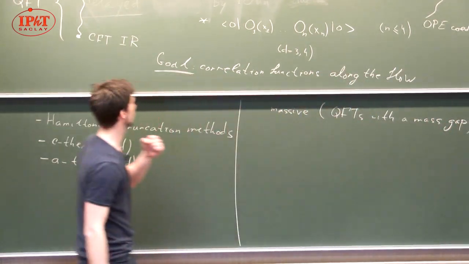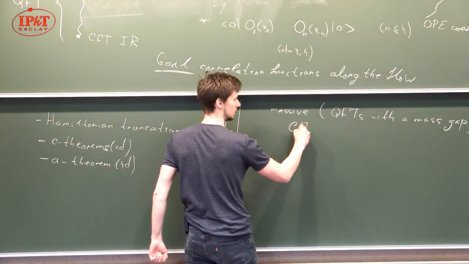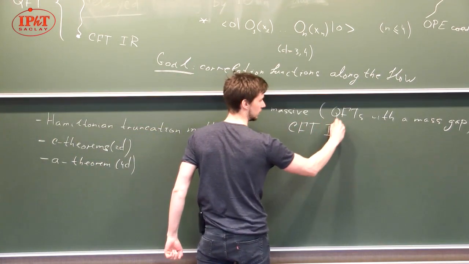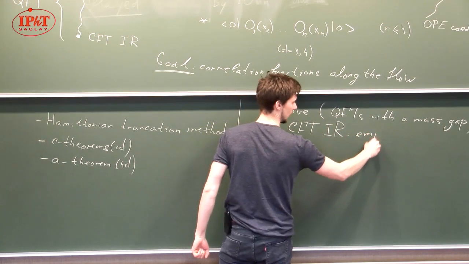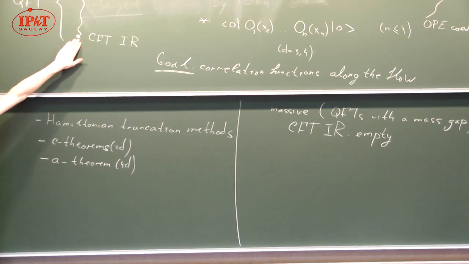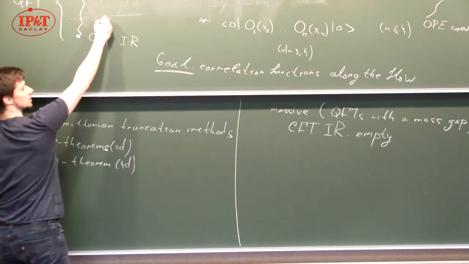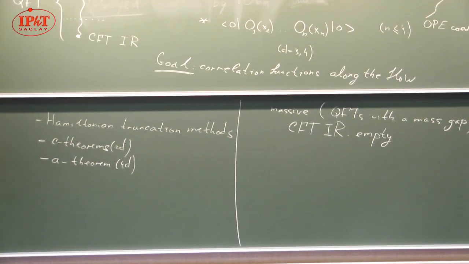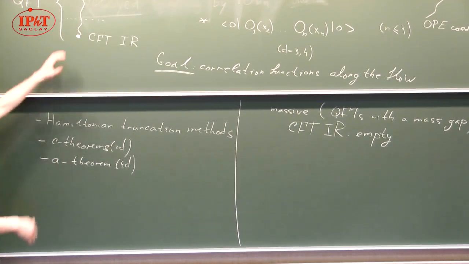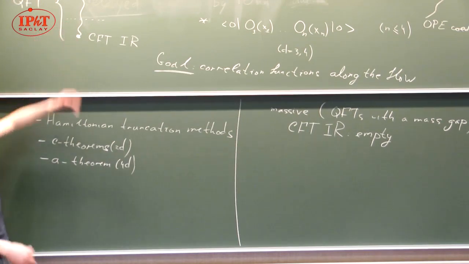So such quantum field theories are defined by having their CFT in IR empty. So basically here there's nothing. In other words, at some non-zero energies, we can have particles like glue balls, protons. But then if we go really to zero energies, to low energies, we have nothing anymore.